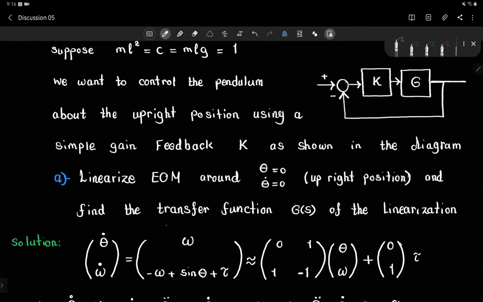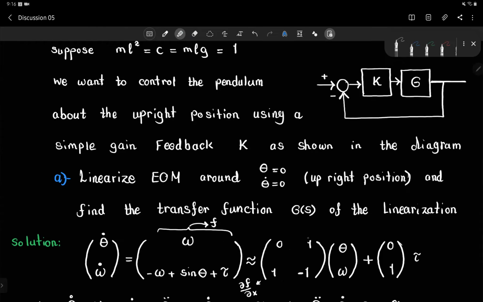So let's call this whole matrix, or this vector, f, okay? So this matrix is the Jacobian of f, right? This is just partial f by partial x, where x is your coordinates like theta and omega. So partial omega by partial theta, that's just equal to 0.